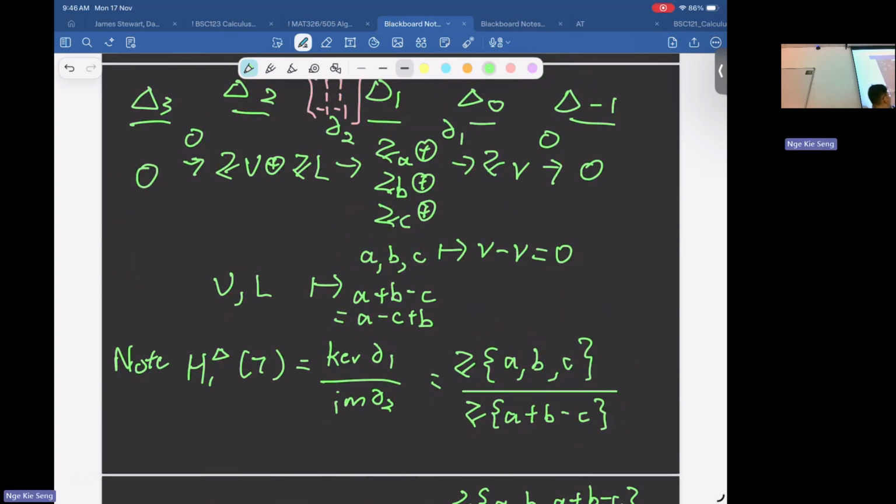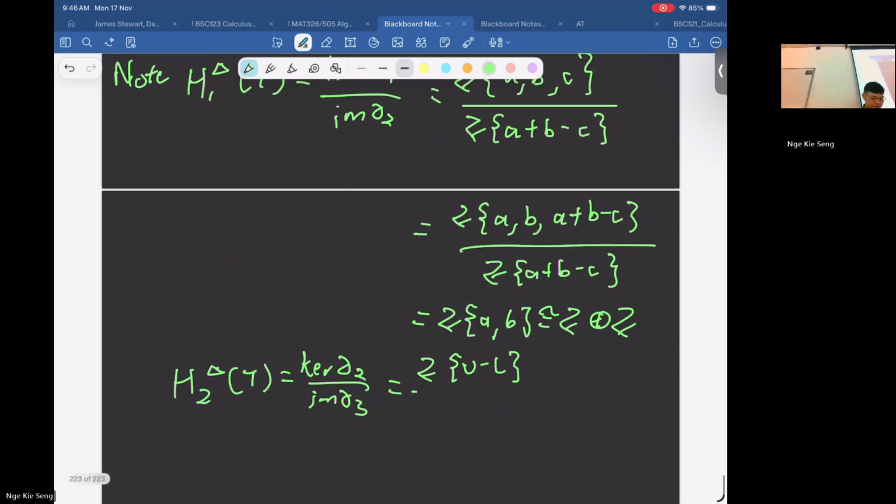But obviously, you can see from here as well that U minus L should be inside the kernel because they both get sent to the same place. But why is it the only one? Then you need to prove it. My proof is row reduction. Okay, you can use row reduction.